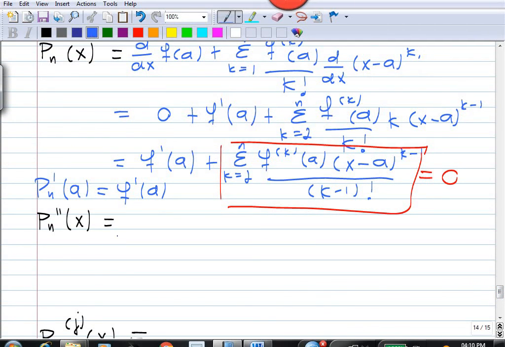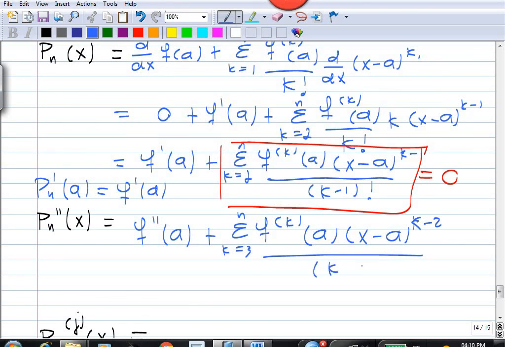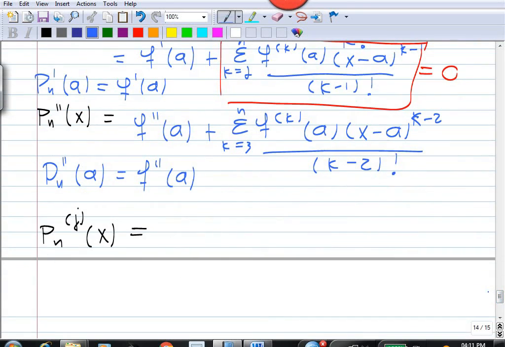Likewise, we can calculate the second derivative for the Taylor polynomial. That's going to be the second derivative of f at a plus the sum from k equals 2 to n of f^(k) at a times x minus a to the k minus 2 over k minus 2 factorial. And then we see the second derivative of the Taylor polynomial at a is the second derivative of f at a. And we can do this for any order of derivative.